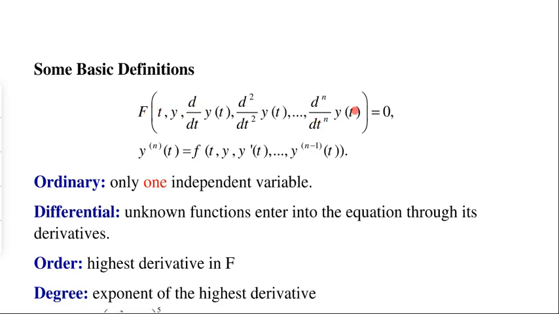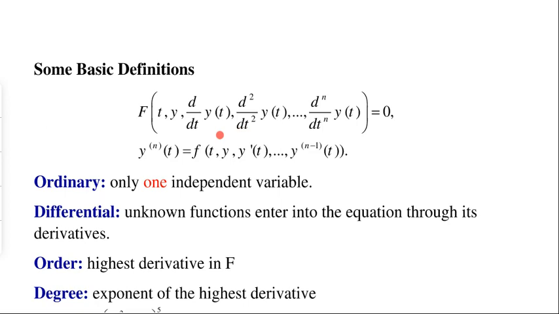This function of these elements is equal to 0. This is an equation, and here we have some derivatives of the variable y with respect to t. You can see in all of these derivatives we have different orders of derivative for function y with respect to the variable t.